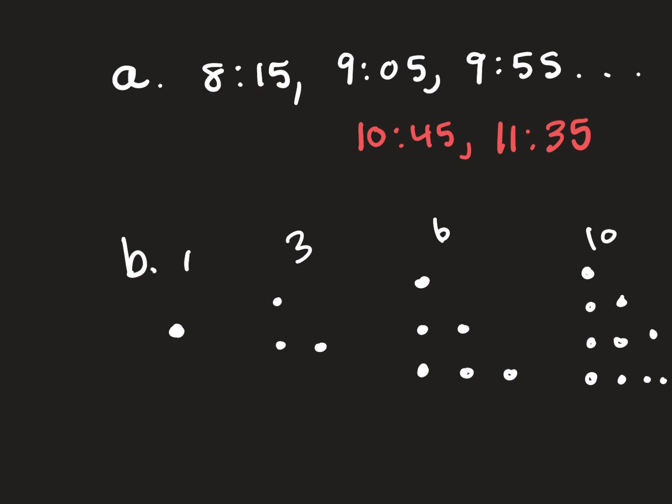In this example, you can tell by looking at the pictures. We start with 1, then we add another row each time: row 1, then 1, 2, then 1, 2, 3, then 1, 2, 3, 4.